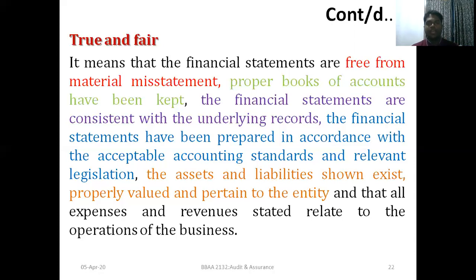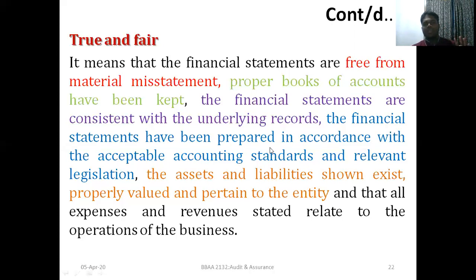Another way you can say it: the proper books of accounts have been kept. The company, the particular firm, properly keeps all the records and accounts. Then the financial statements are consistent with the underlying records. The company keeps its records very consistently. They don't often change their accounting policy.